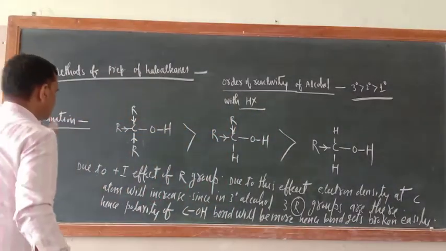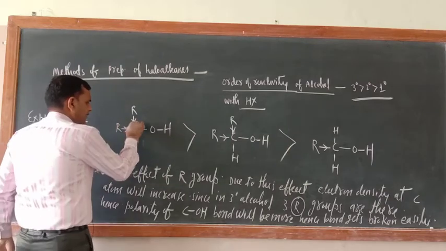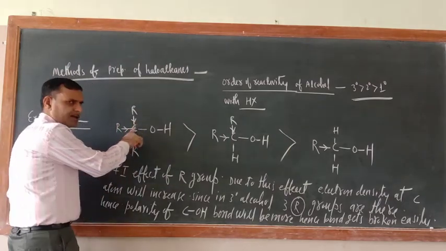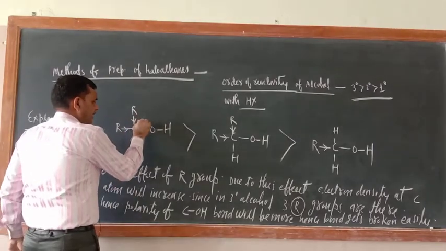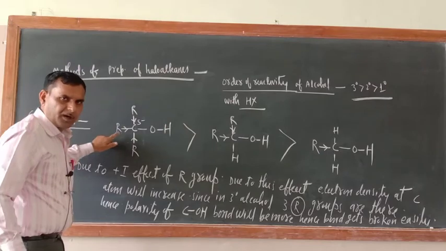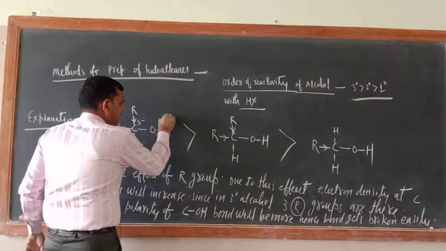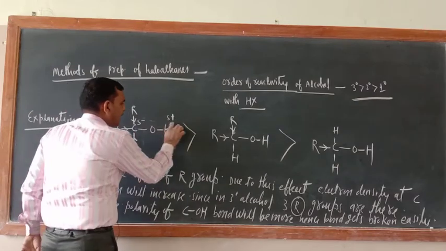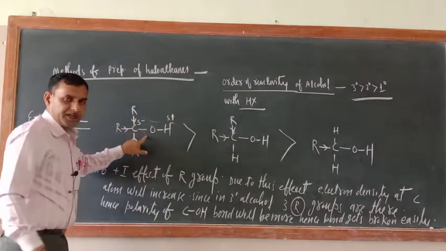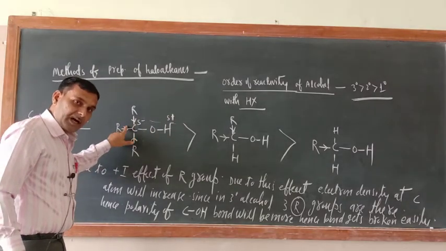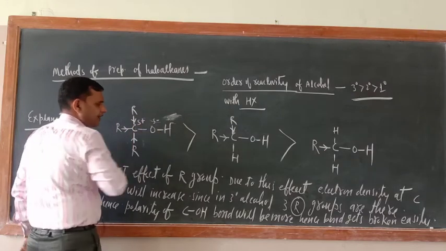Now just see, here 3 R groups are there, so they will increase the electron density at this carbon atom. Okay, so now a slightly negative charge will come here or not. Here 3 R groups are there. Now here, this will be slightly positive. I am talking of the entire OH group. Actually oxygen is more electronegative than carbon, so according to the rule this should have been positive and this negative, correct or not?